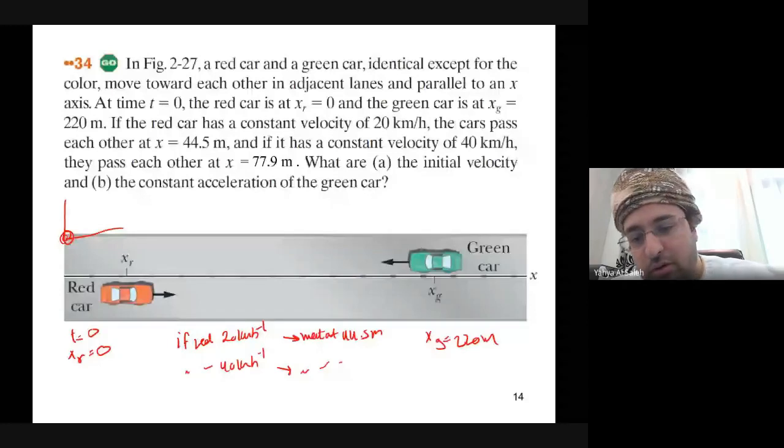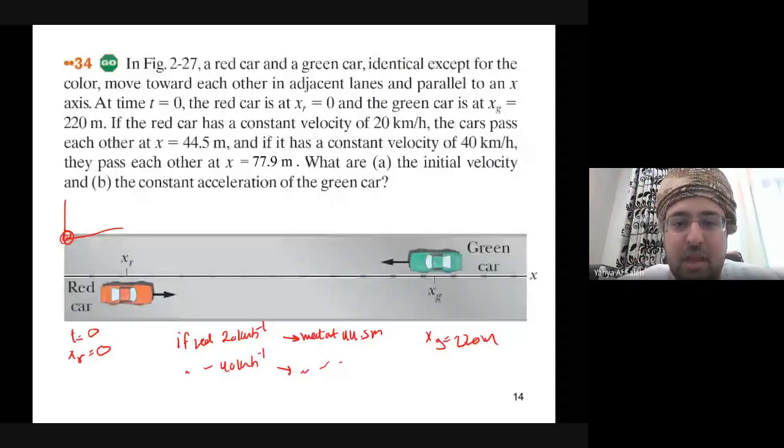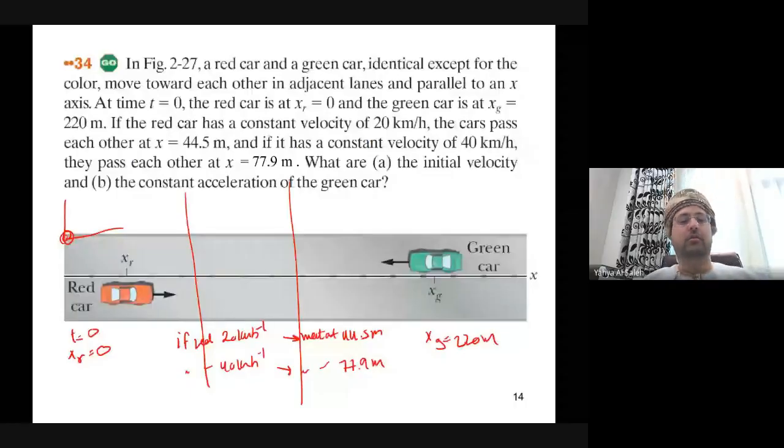What are the initial velocity and the constant acceleration of the green car? So the red car is going at a constant velocity, either 20 or 40 kilometers per hour. The green car starts with some velocity we don't know, and it keeps accelerating, and they meet at 44.5 or at 77.9, depending on the velocity of the red car. What is the initial velocity and the constant acceleration of the green car?